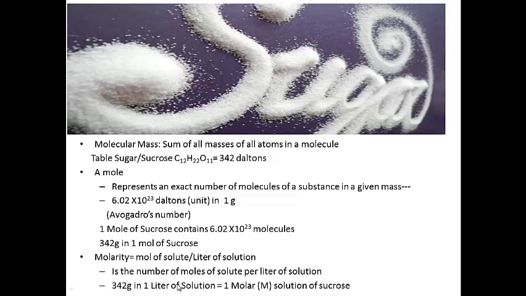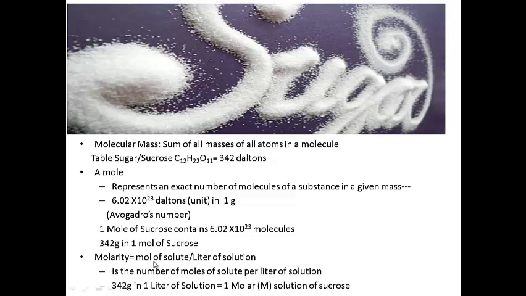You know the molecular mass, so you're able to come up with how many grams you need to weigh out on the scale for a mole. And now you need to figure out the other component of molarity, which is the liter. So molarity equals moles of solute divided by liters of solution.